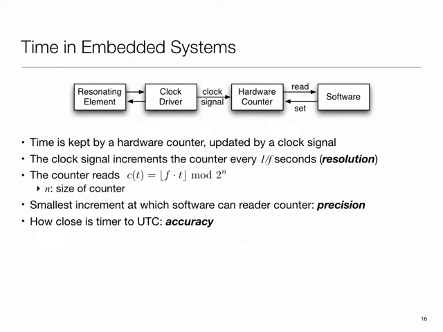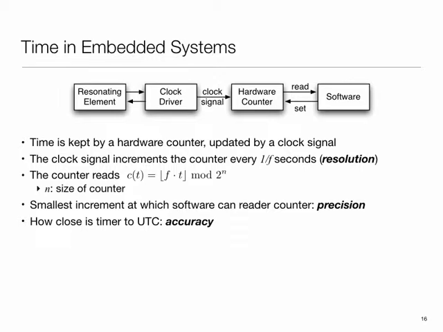So a typical system, if you were to abstract out its flow of time information, looks like this: there's some sort of a resonating element, a crystal, and some sort of circuitry which couples to it. This is usually analog or may have some digital elements, but the output is what we see as a clock signal.